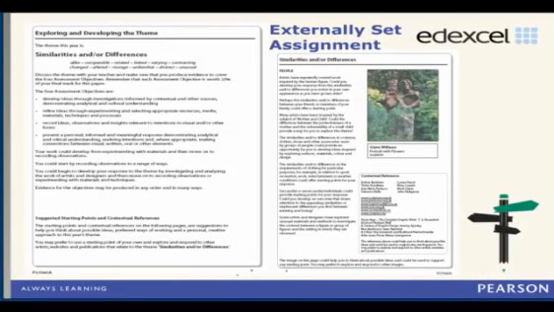So on this particular page, I offer some thoughts about how you might pursue similarities and or differences by thinking about people, and then there are a series of other themes in the remaining pages of the paper. Also, in the paper, I offer examples of work from the wider context of painting and textiles and graphic design and so on.